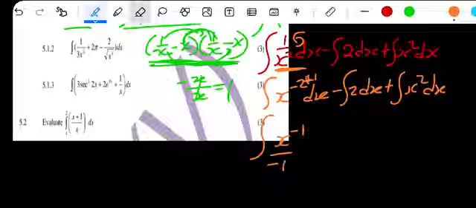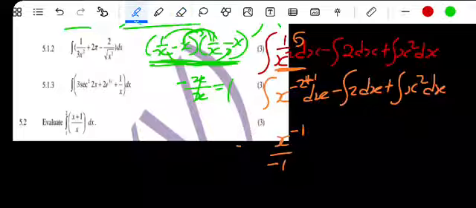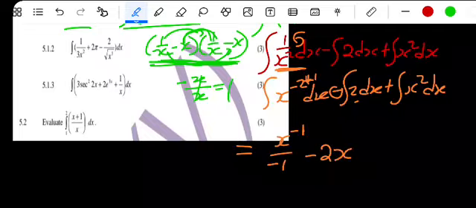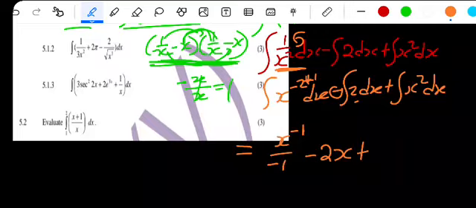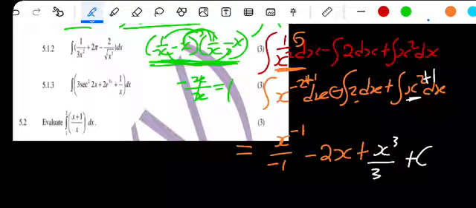Let me remove the integral sign since you're integrating. We have negative again. The integral of 2 will simply equal 2x. We have our plus. Now again, the integral of x squared will simply equal x, you add 1 to the exponent, it will be 3, divided by 3, plus constant c.